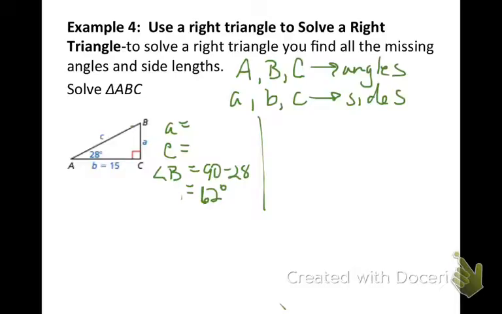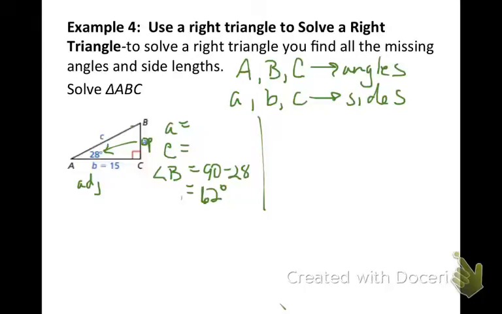Now, we can use our functions, one or two of them, to solve for side, let's solve for side A. So I know now both angles, but 28 degrees is opposite side A, and then I see that I know side B. Now to 28 degrees, this is the adjacent side.